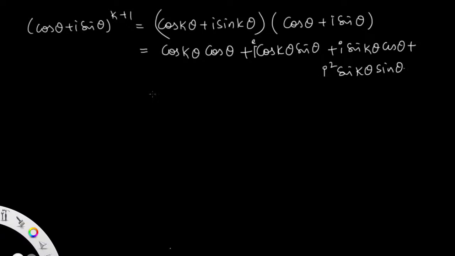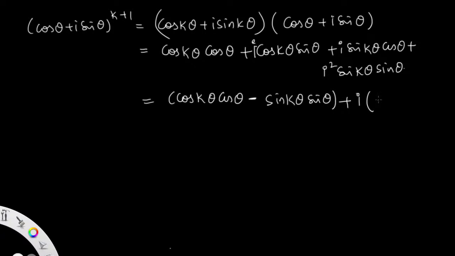Now i square is nothing but minus 1. Then you write cos k theta into cos theta minus sin k theta into sin theta as one side. In these other two terms, i is common: cos k theta sin theta plus sin k theta into cos theta.